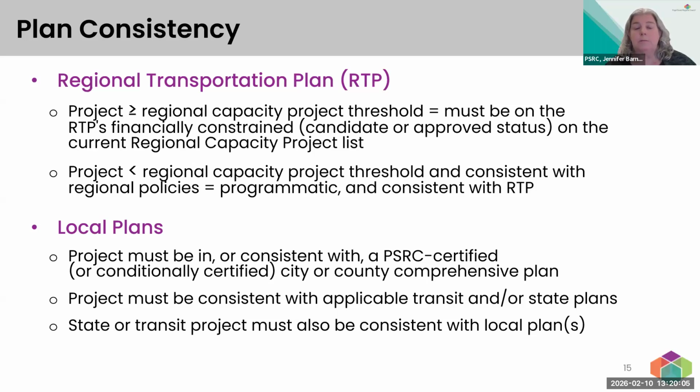If the project overlaps with other jurisdictions, like something on a state facility, the project also needs to be consistent with whatever other jurisdiction it overlaps with. Sometimes they're explicitly listed, sometimes there are policies that can be pointed to that support the plan, but we are looking for that consistency with local plans as well. Next, please.